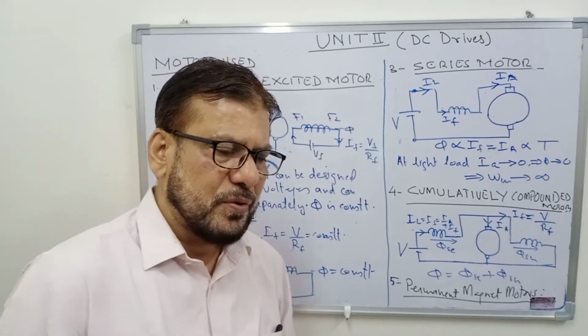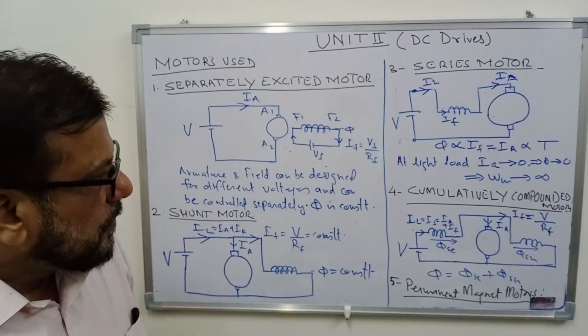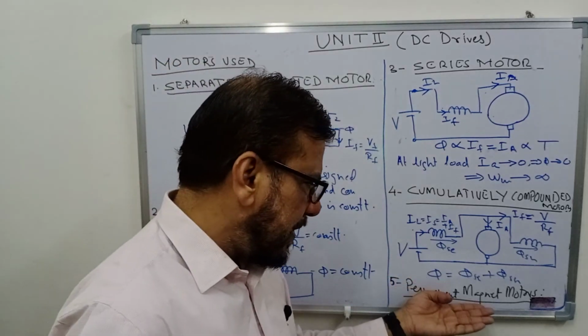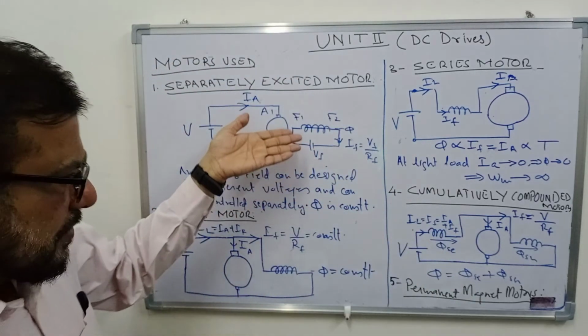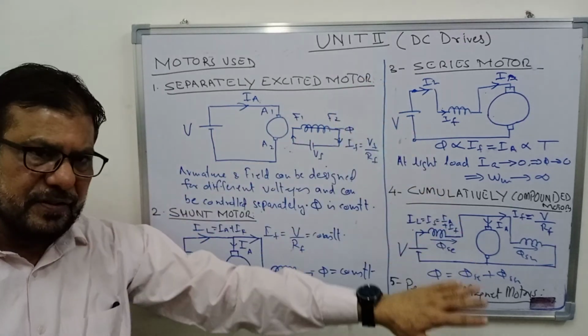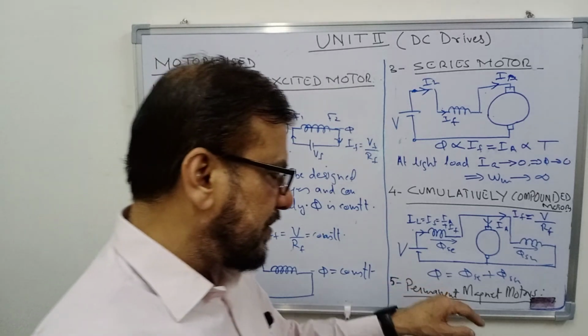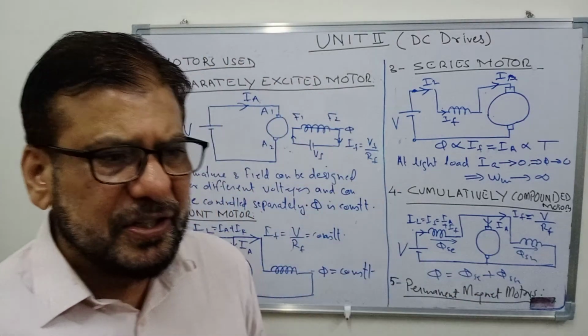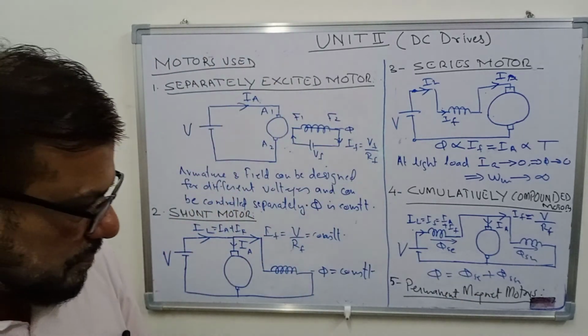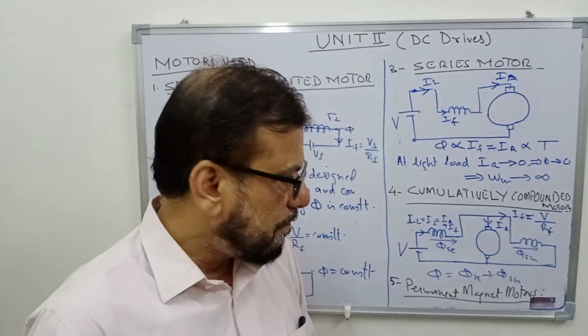So you can have no control over the flux of this motor. So the characteristic will be identical to that of a separately excited DC motor, where the voltage is kept constant. So they will have identical characteristics. The only difference is that the flux is not produced by the voltage applied here. It is fixed. It depends on the flux produced by the permanent magnet.